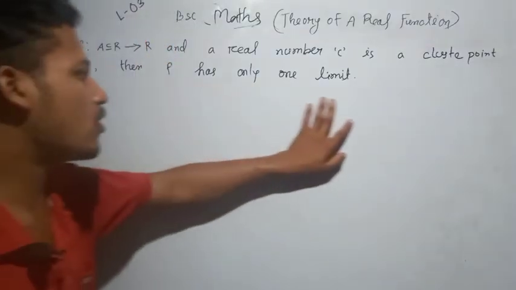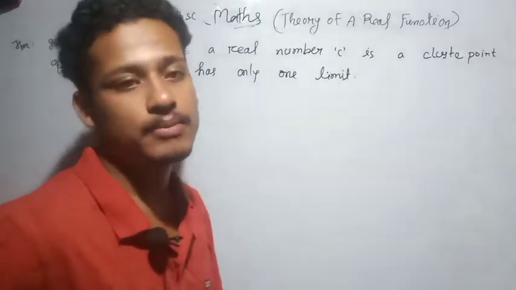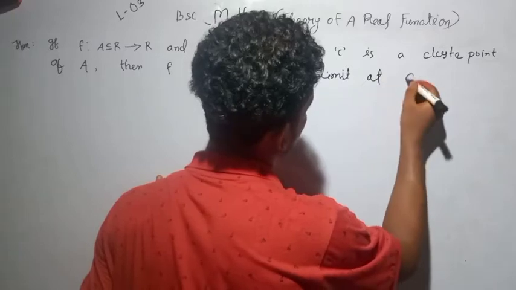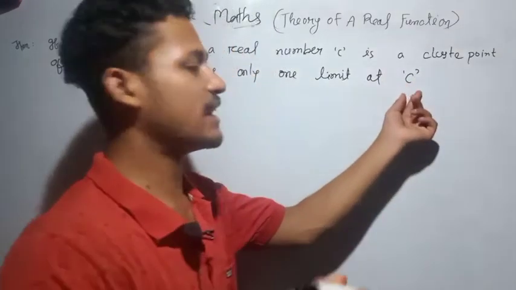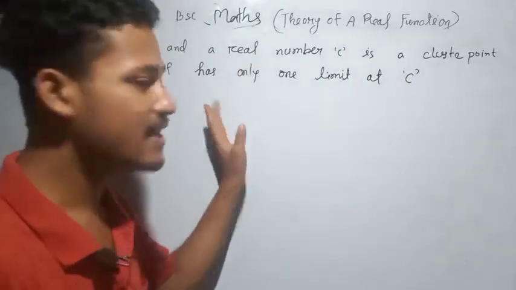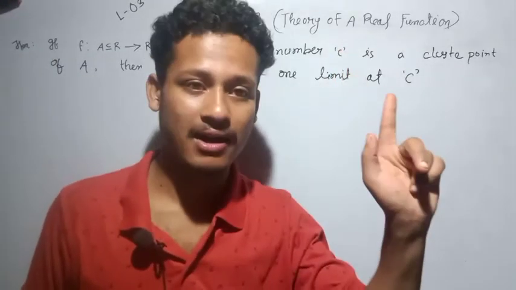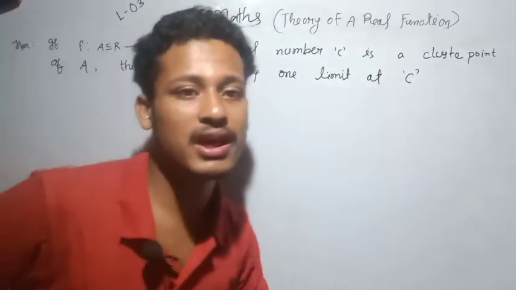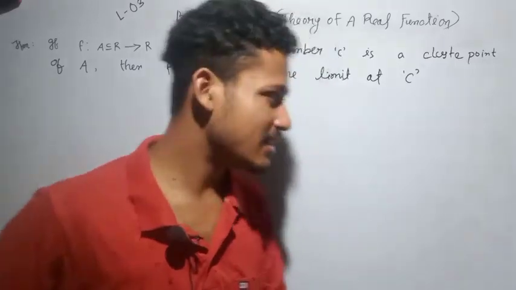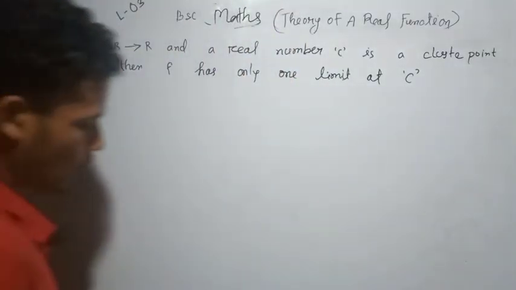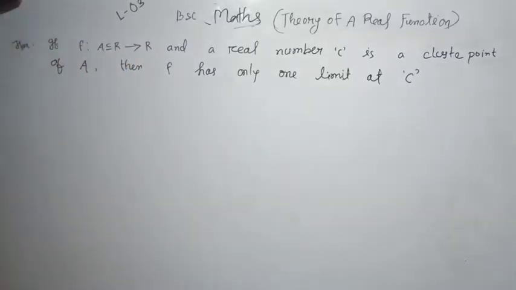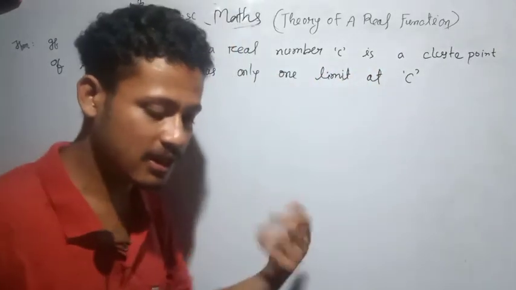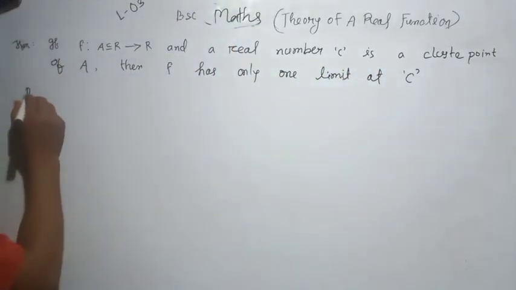Then f has only one limit at C. At this point C, f cannot have more than one limit. This is the theorem. So we will prove this by taking two limits, L and L dash. Let's start the proof.